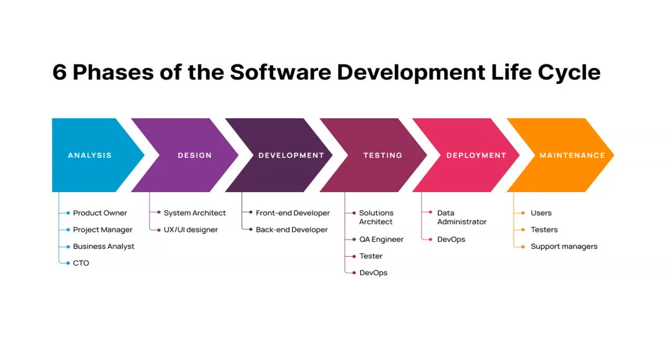Okay. So what is analysis? Who is going to do the analysis? One is the product owner. Who is the product owner here? The one to whom we are going to give the product, the customer who requires the product. So the customer is the product owner. The one who is going to do that project is the project manager. Who is going to analyze that project?